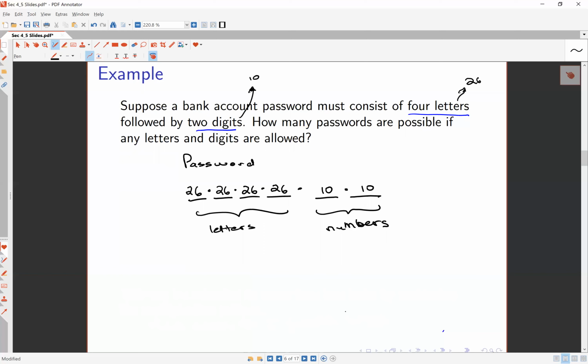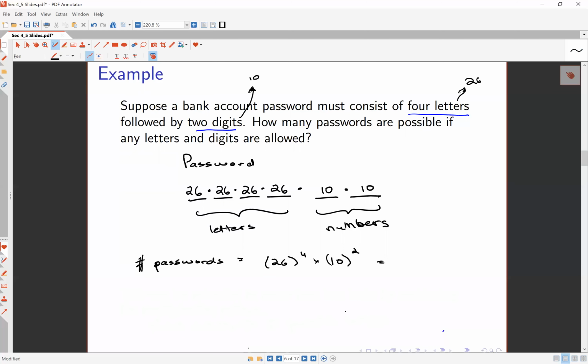And the basic counting law says we count how many ways it's possible to perform each individual action, and then to find the number of possibilities for the whole, we just multiply those together. So the number of passwords in this case, well, 26 is repeated 4 times and 10 is repeated twice.